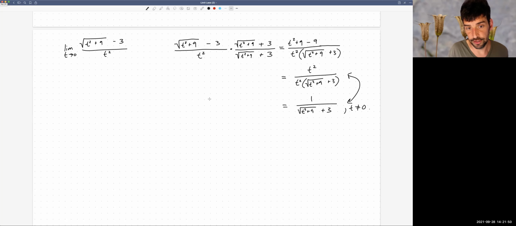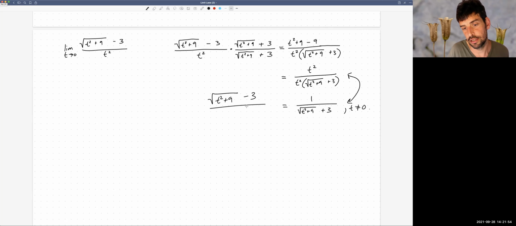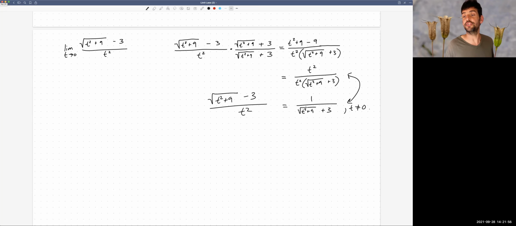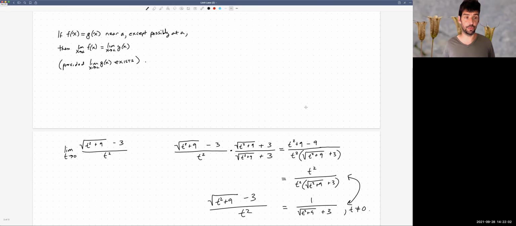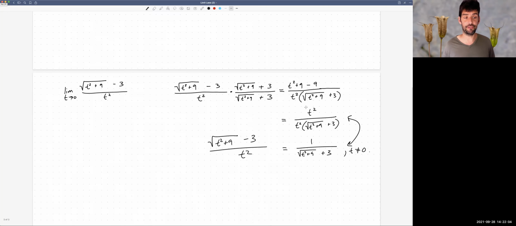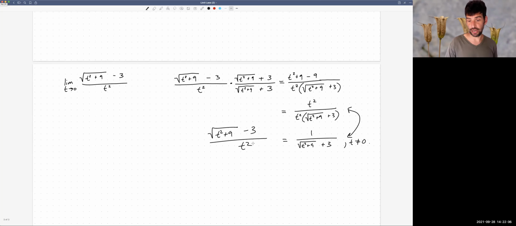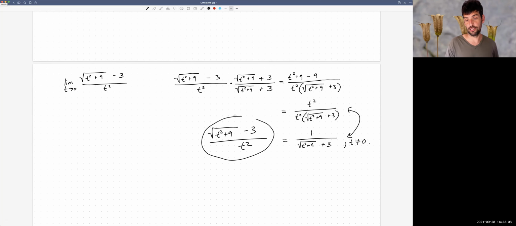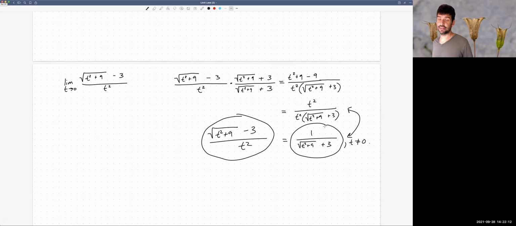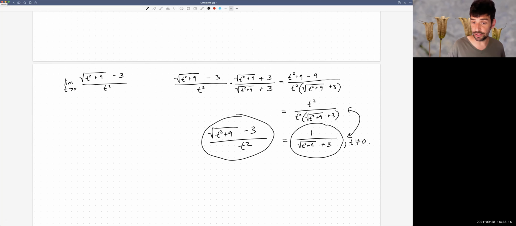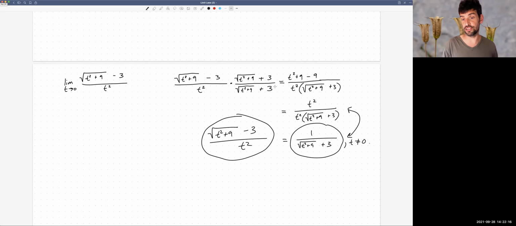In other words, these two things are the same whenever t is not equal to 0. So this is the function we were looking for. I now have an f and a g, right? F was the original one. G is this new one that are the same everywhere except for at 0. I got away with this because first of all I multiplied by 1.